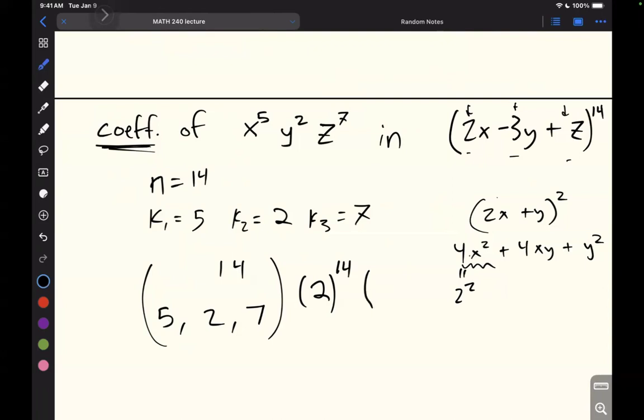And then we also need to multiply it by the other coefficients of the variables, which is -3, also to the 14th. And secretly, we have 1 to the 14th, which is just 1.